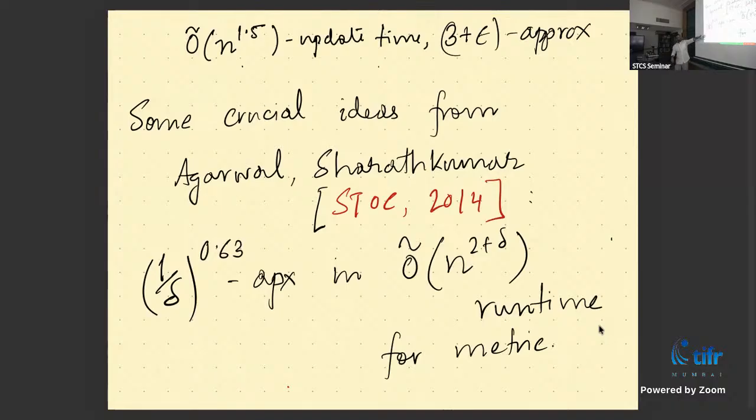They achieve an analogous result in the offline setting. Again, this is only for metric spaces, so it's the exact analog of our result. It achieves the same approximation, and the total runtime is n to the 2 plus delta, which means that amortized it is n to the 1 plus delta if you divide by n.